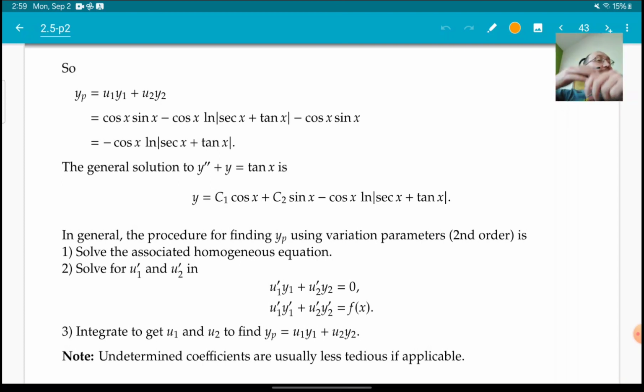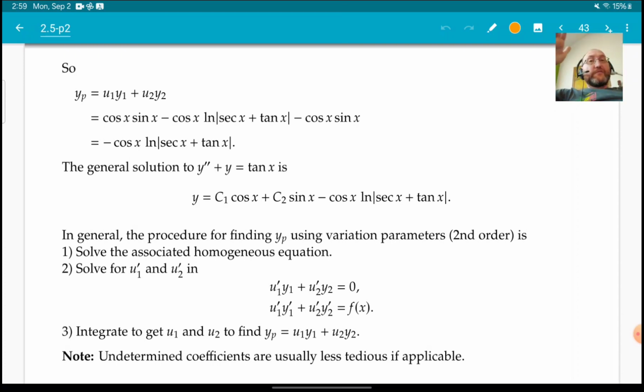Undetermined coefficients is very straightforward if it works, so do that if you can. If you can't, you have to do this if you really are looking for a solution.